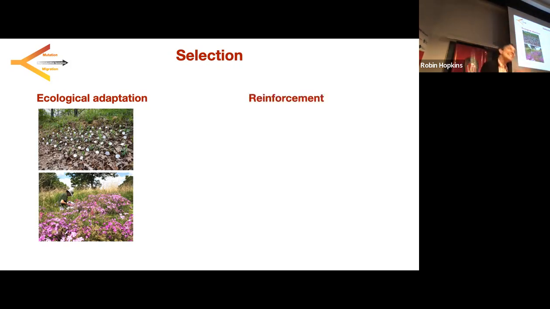Instead, I'm going to talk about this other process of selection that is really, I think, important for speciation, and that is reinforcement. Okay, so again, we're going to go back to characters to understand what this process looks like. Now we've got two blue species, big and little. If they share a pollinator, they may hybridize and produce sad hybrid, right?